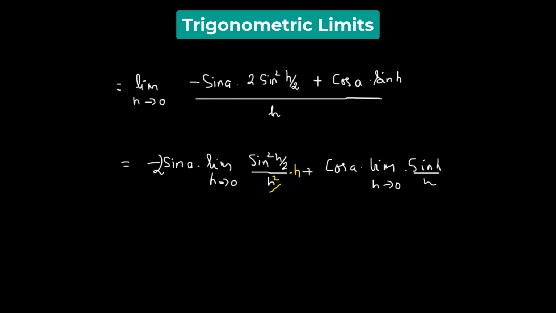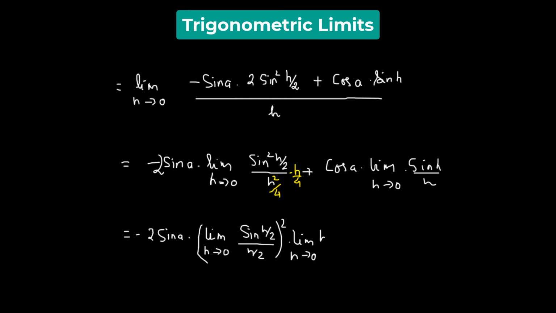We also divide h squared by 4, which means we'll have to divide h by 4. So now rewriting everything, we have negative 2 sine a times limit h approaching 0 of sine of h over 2 divided by h over 2, whole squared, times limit h approaching 0 of h over 4, plus cosine of a times limit h approaching 0 of sine of h over h.